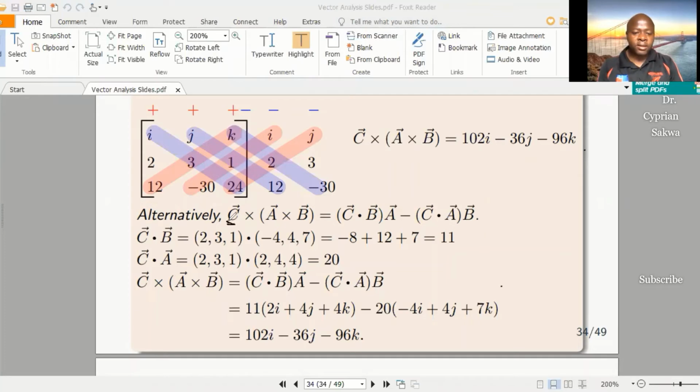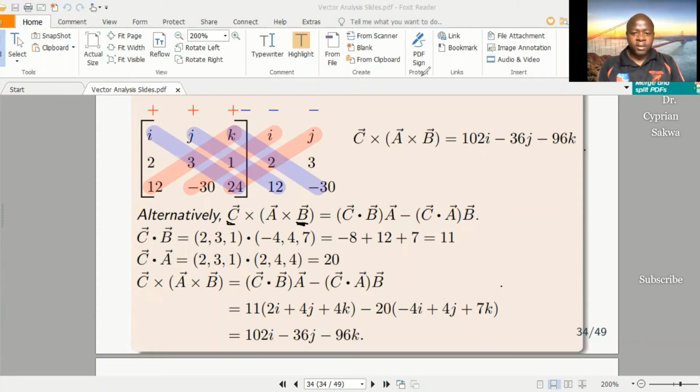I've taken C dot this last vector B, C dot B, then times A, the first vector here, and then subtract. Now we come and have C dot the first vector A, C dot A, and the result that I get multiplied by vector B. So this is multiplication, actually.